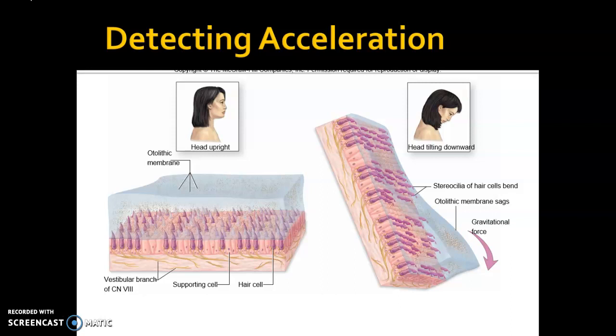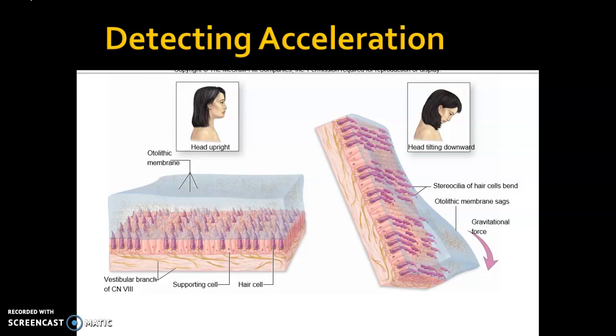All right. However, let's say when the head is tilted downward, what happens? When the head is tilted downward, due to the force of gravitation, the otolithic membrane shifts inferiorly. And as the otolithic membrane shifts, look at the stereocilia and the kinocilia on the hair cells. They bend.